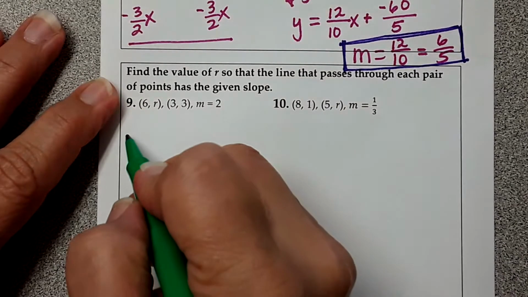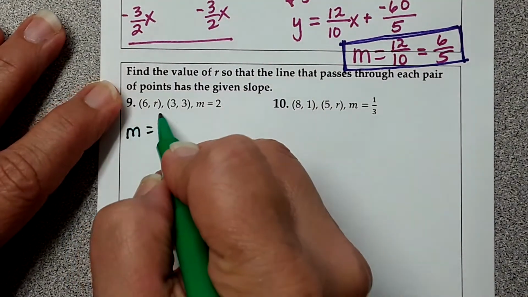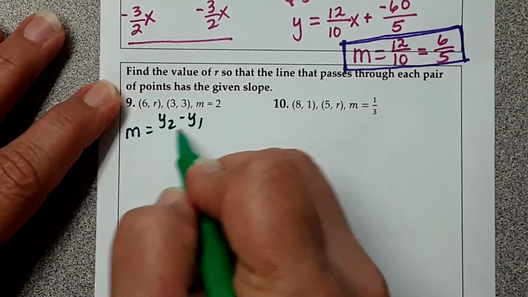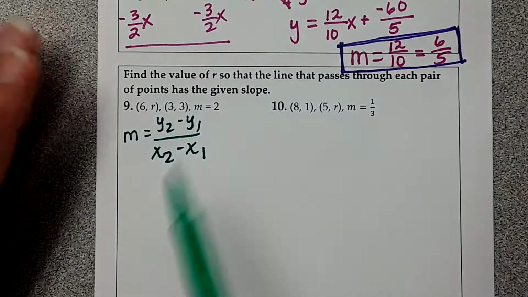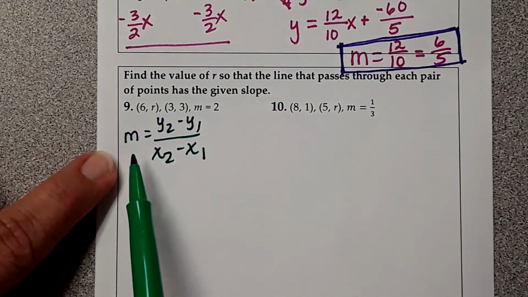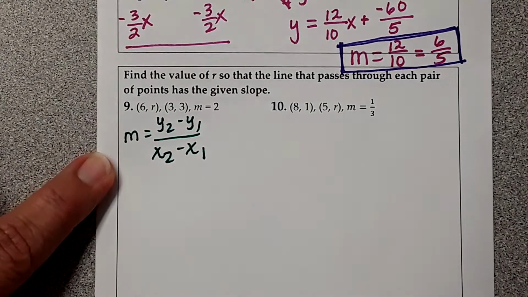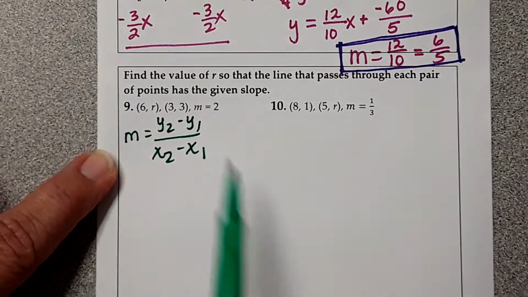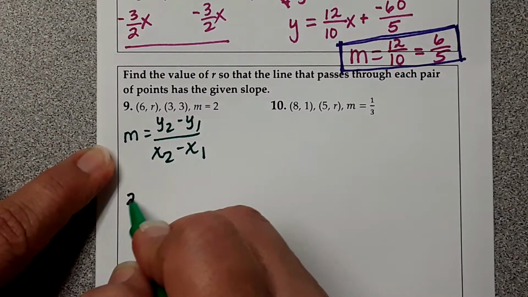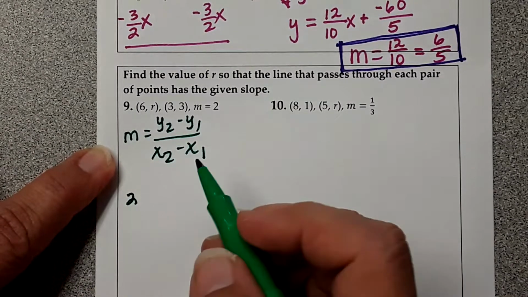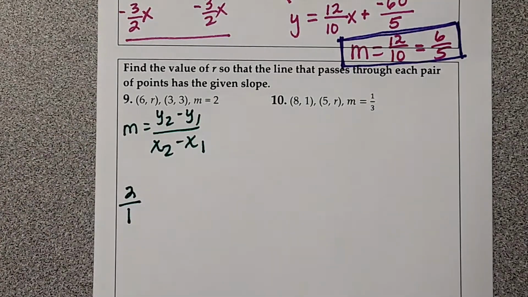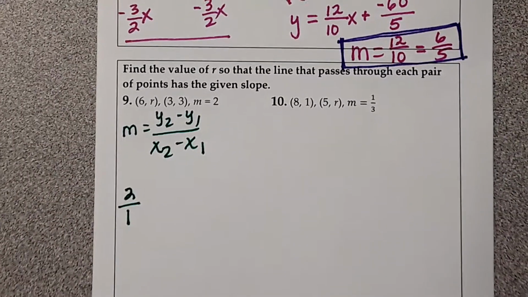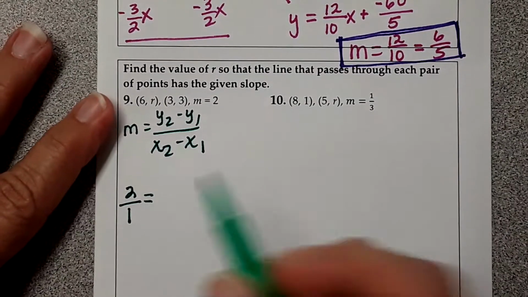So we know that we have the slope equals y sub 2 minus y sub 1 over x sub 2 minus x sub 1. So that's what we're going to trade in. So what's our slope? What's our m in this problem? 2. I'm going to write that as 2 over 1, because when slope's a whole number, slope goes over 1. Okay.